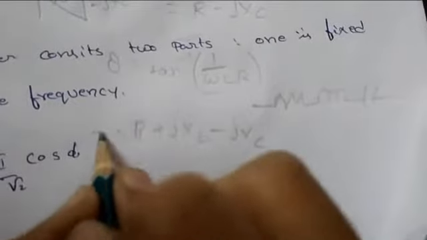The imaginary reactance component, whether inductive or capacitive, will be XL minus XC. Depending upon the values of XL and XC, if both are equal, then the impedance of the circuit will be equal to your resistance.